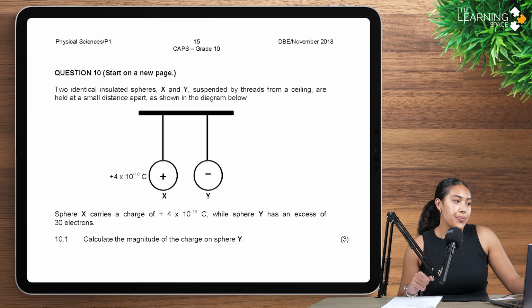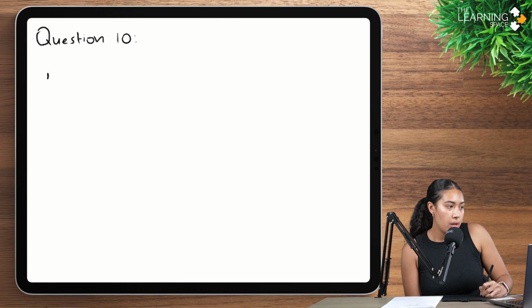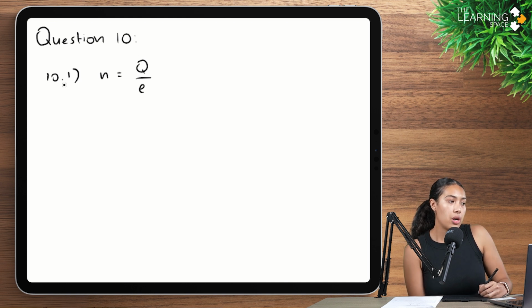If you think back to all of your equations for this topic, we're going to be working with the equation N is equal to Q over E. N is our number of electrons, Q is our charge, and E is the charge of our electrons. Here we're trying to calculate the charge of sphere Y, and they told us that the number of electrons is 30.